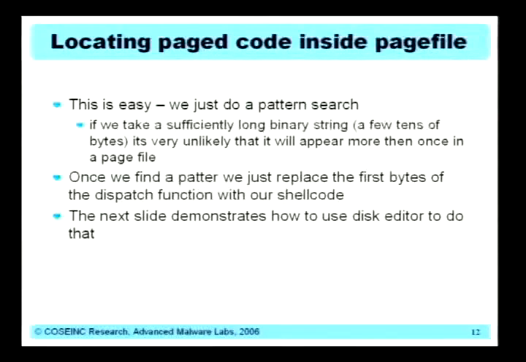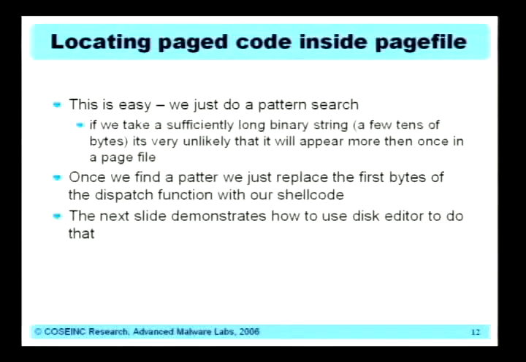So we believe we have a way to force some of the drivers to be paged out. Now, how to find interesting code in the page file? This is easy because we can just do a pattern search. What we would like to do is override the first few bytes, or few dozens of bytes, of the original function of the driver with our shellcode, right?